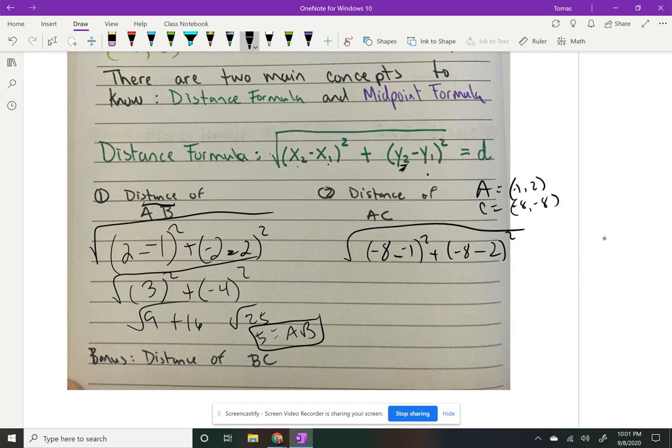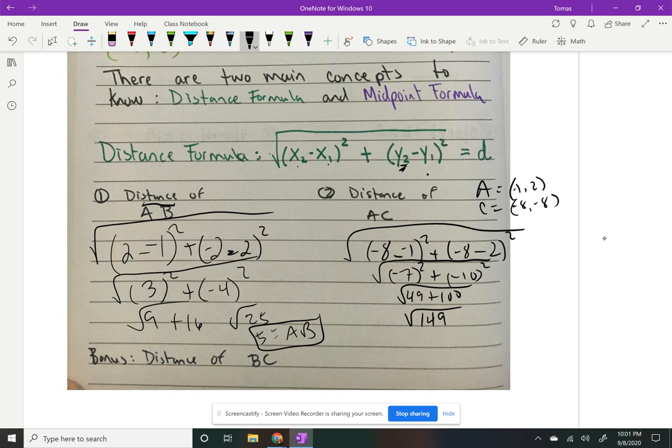This is a positive 1, so negative 8 plus 1 is negative 7. This is negative 10. This becomes 49, this becomes 100, and this becomes 149.